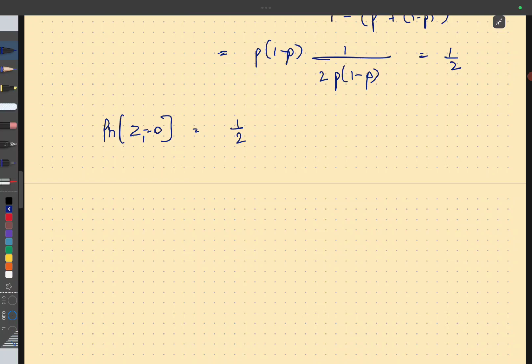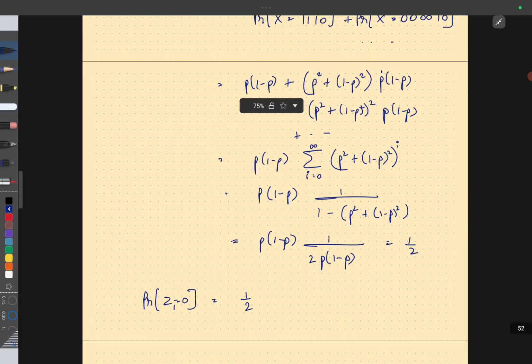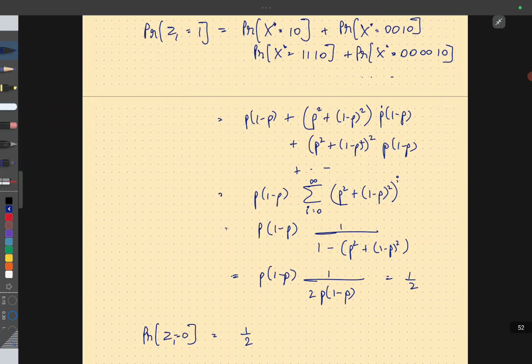And what can you say about z1 and z2? Are they dependent? They're independent because they're based on independent coin flips xj.